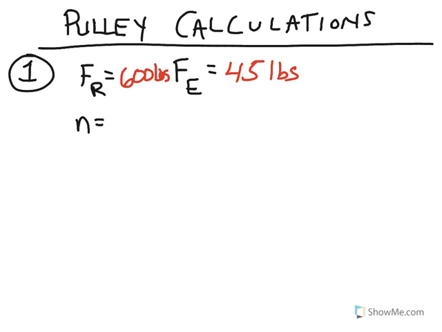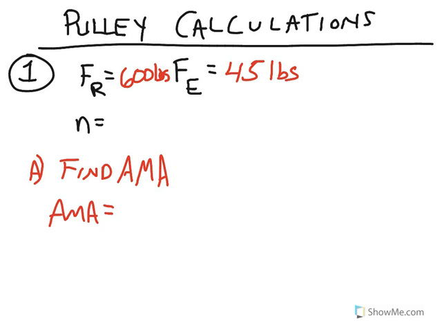So first question related to this problem, call it question A. What is the required actual mechanical advantage? So it's supposed to find actual mechanical advantage. The actual mechanical advantage is the same as it would be for any simple machine. Take the force of the resistance and divide it by the force of the effort.